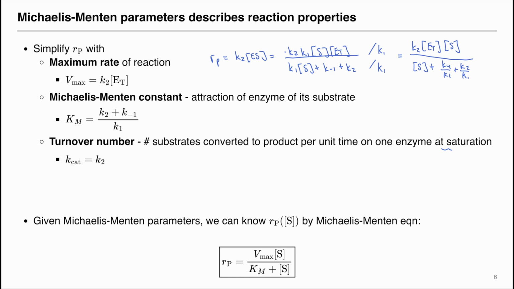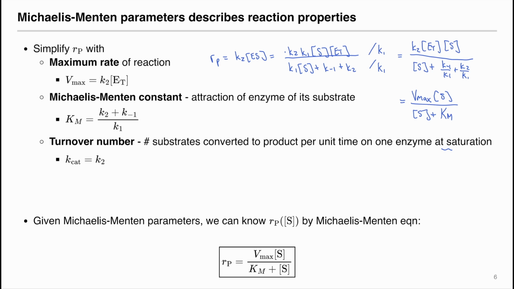And we can see that K2 times E of T is just the Vmax, the maximum rate, multiplied by S. And we have S plus, because they have common denominator of K1, we can recognize that this whole term is just the Michaelis-Menten constant. So we write it as plus K of M.